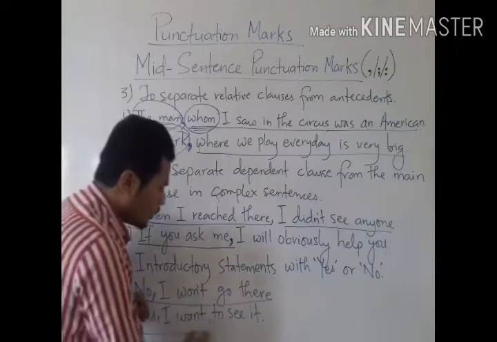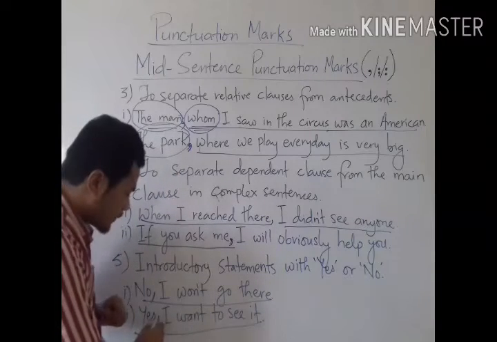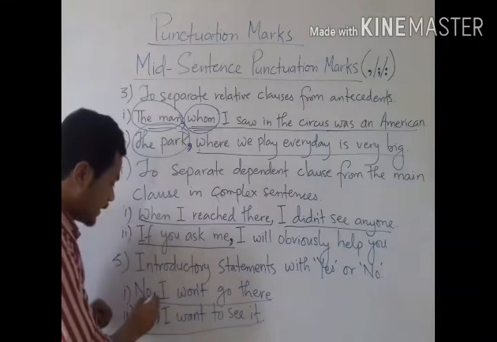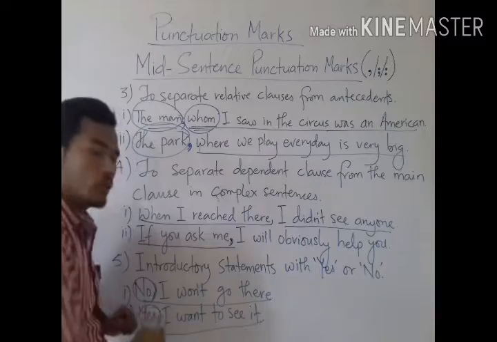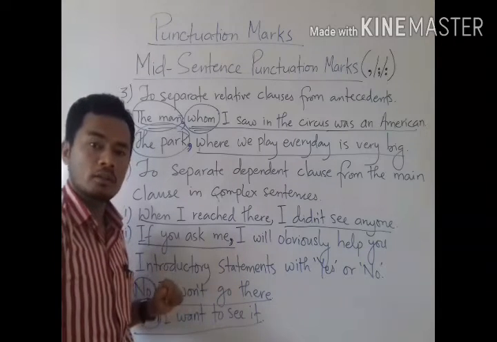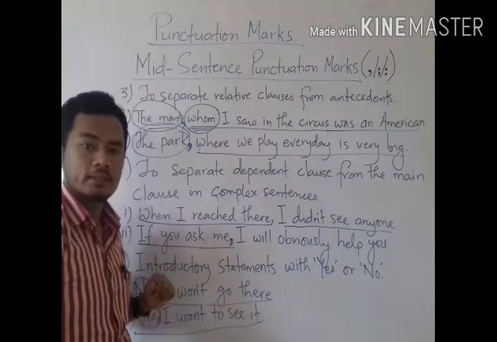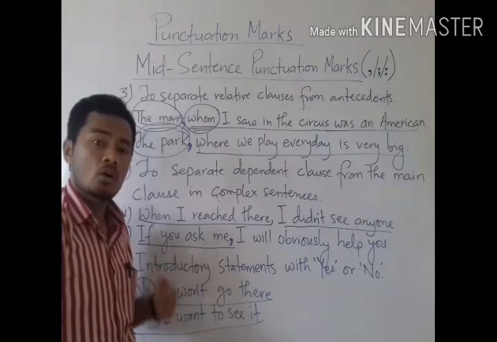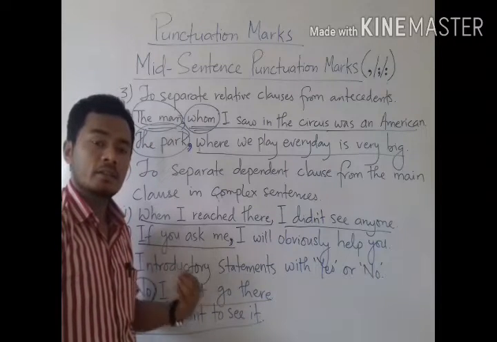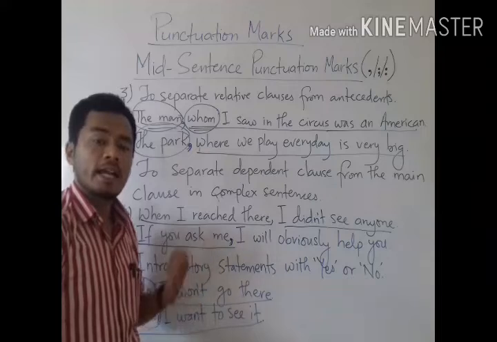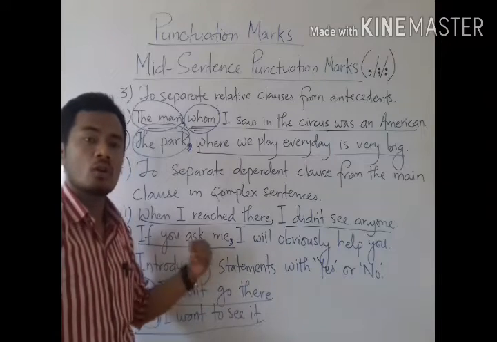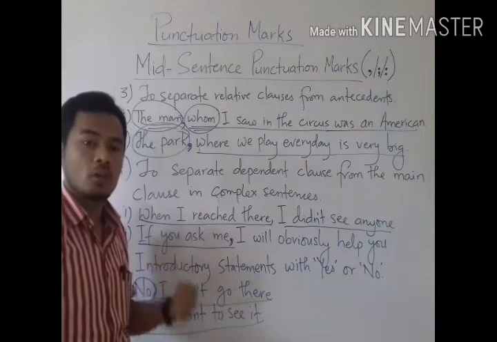Yes, I want to see it. After yes, I have put comma because here no and yes are used as introductory words in these two sentences. So whenever we use no or yes as the introductory words for any kind of statements, then after this no or yes we have to put comma.